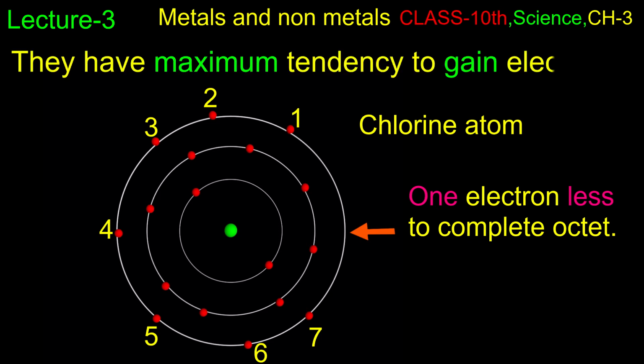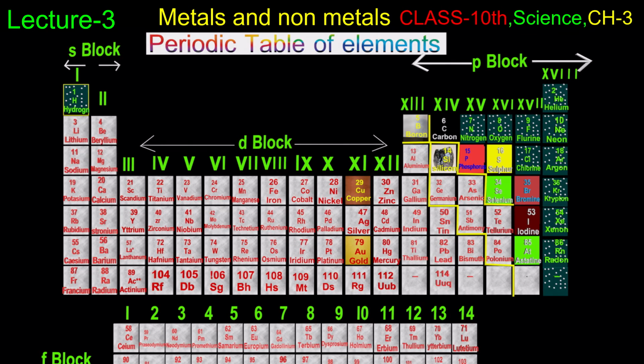Hence, they have maximum tendency to gain electrons. Therefore, the reactions of first group metals with 17th group non-metals produce ionic compounds. This difference is quite large in second and 17th group. Therefore, second and 17th group elements also react with each other to form ionic compounds.